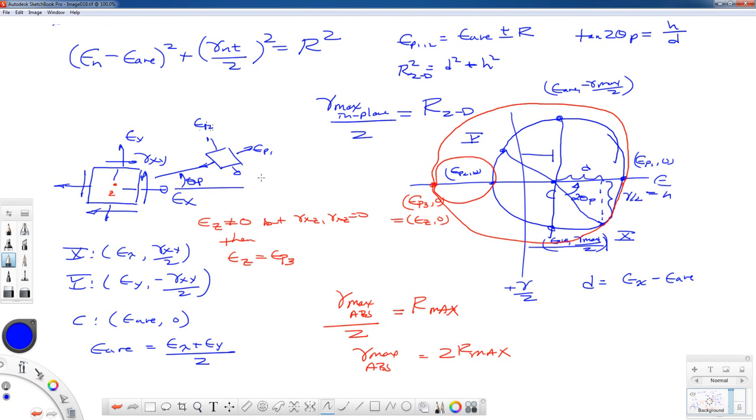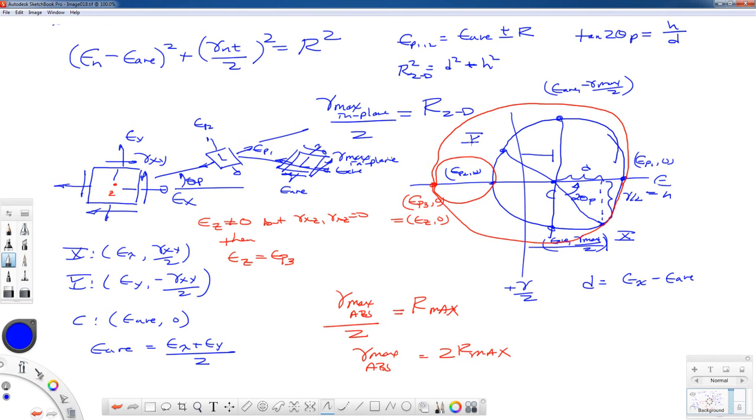45 degrees from that, I would have my maximum in-plane shearing strain state with epsilon average all the way around. And in this case, I would have a positive shearing strain for my in-plane maximum, which I'm going to write here, gamma max in plane.